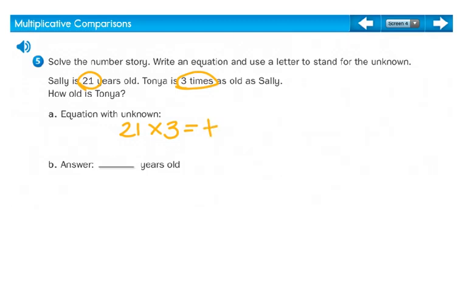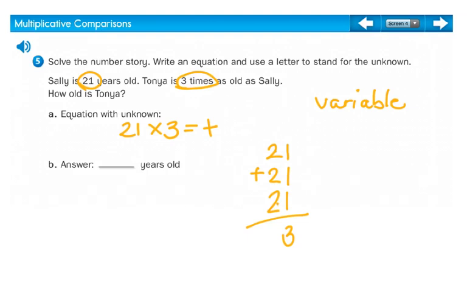I'm going to put T as my variable to represent what we're solving for, which is Tanya's age. Now, we haven't gotten into multi-digit multiplication, but one way to solve this would be to take 21 3 times. And we can do that really quick. 21, 42, 63 years old.